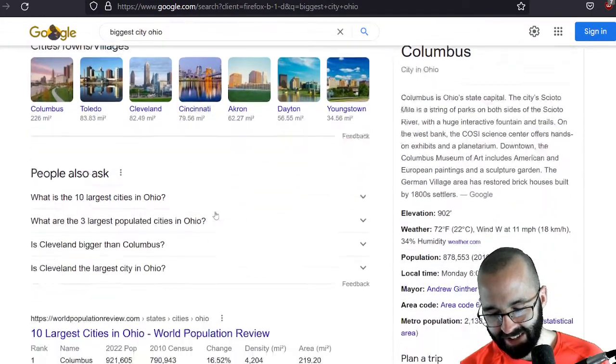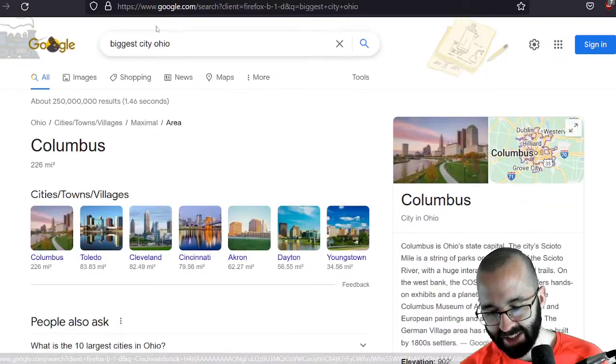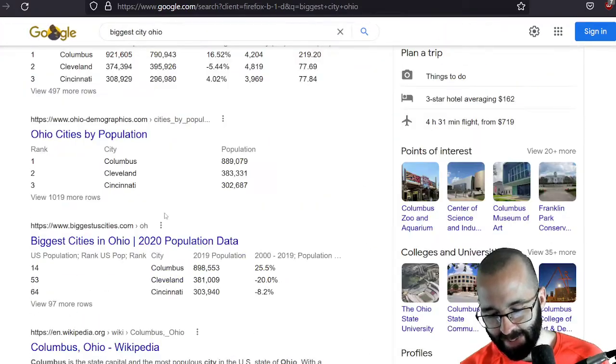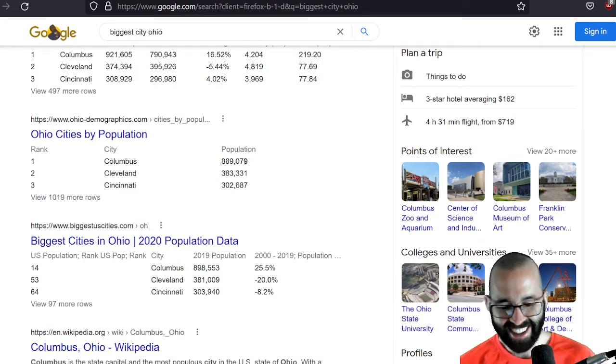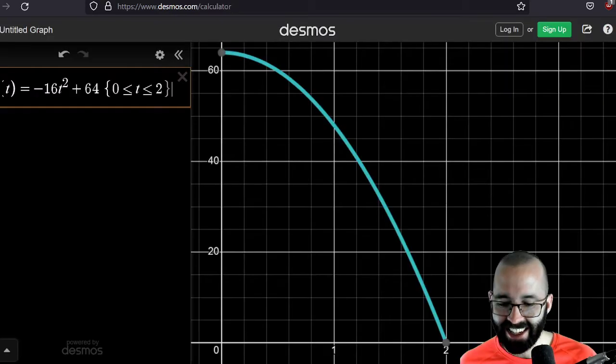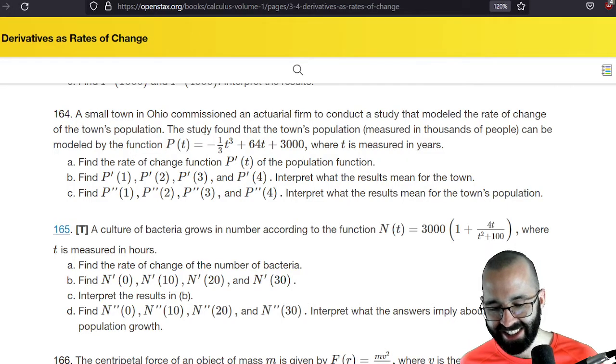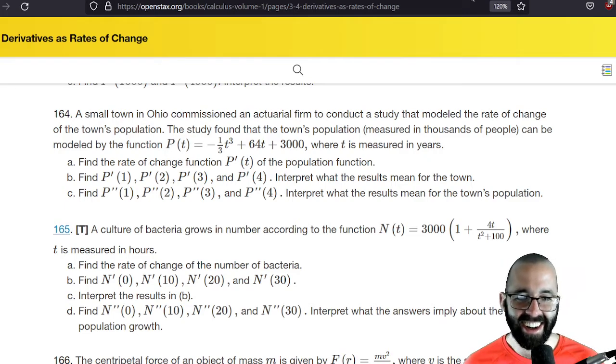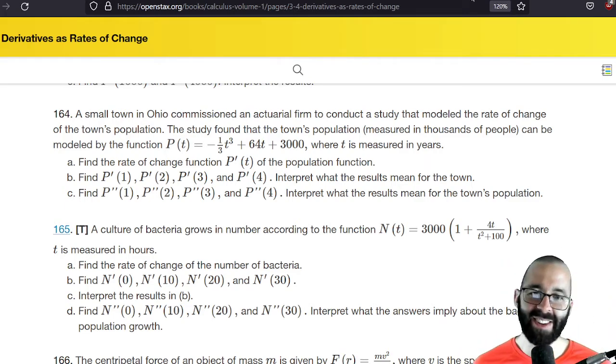Columbus, Ohio, maybe. I care about population, not size. Yeah, 3 million is a small town in Ohio. Come on, textbook. This textbook's lying to us. All right, textbook's not perfect, but it is free, and I do like that about it. Big fan. Whatever. A big town in fake Ohio.